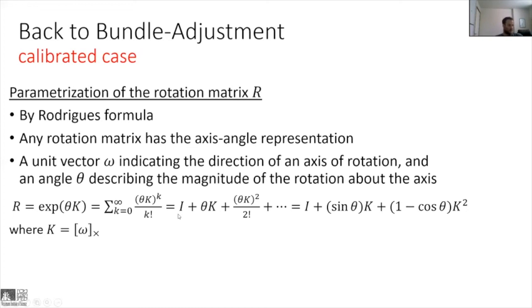It's just the Taylor expansion of the regular exponent that you know, and one can verify that this boils down to the identity plus sine of the angle times k plus 1 minus cosine of the angle times k squared.